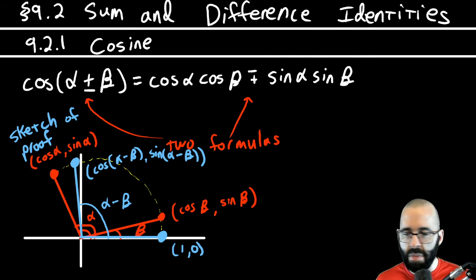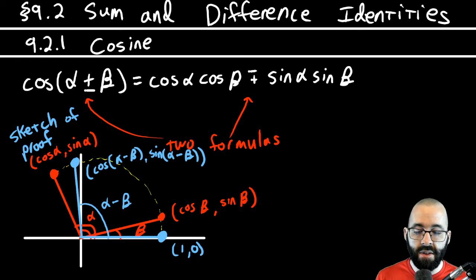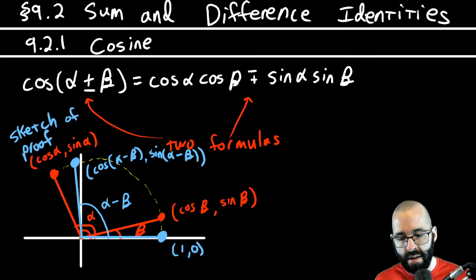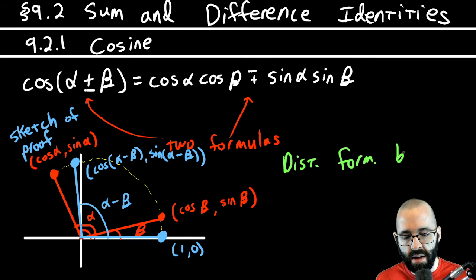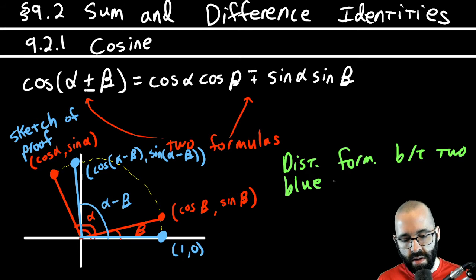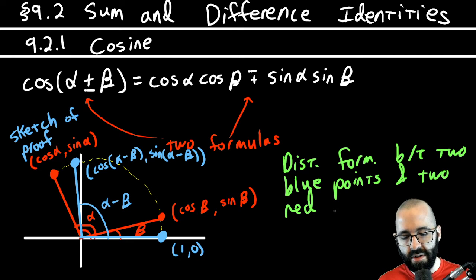You really could just by yourself right now use the distance formula between the two blue points and the two red points. All right, and that's exactly what the proof is. Distance formula between the two blue points and the two red points. Because what's the difference between those two different distances?